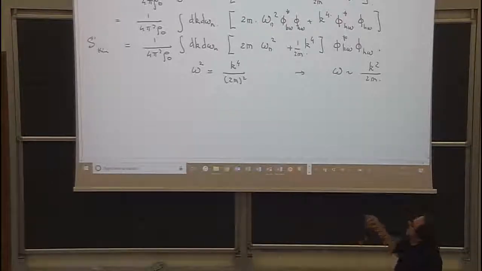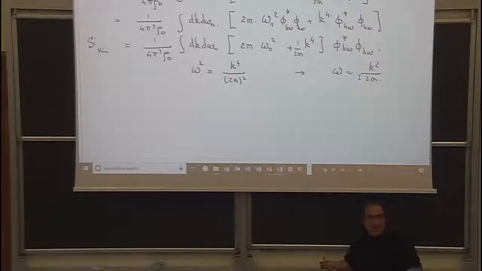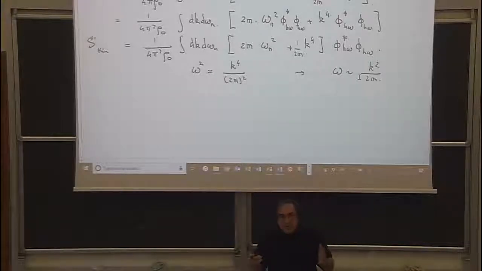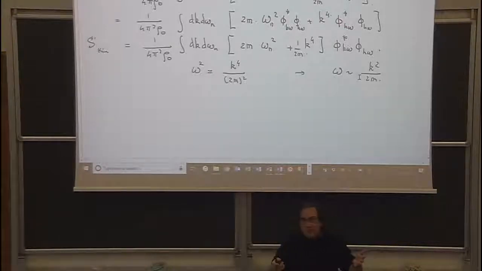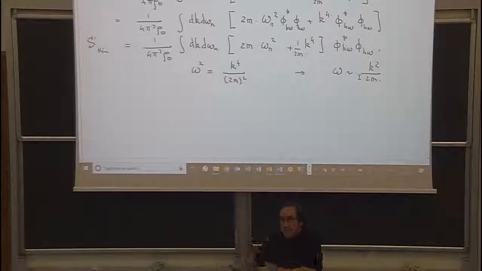So this is one half of mv squared, the velocity squared, and this is the energy of my bosons, which gives me back my kinetic energy. So I'm super happy because at least it sounds reasonable. I started with the Hamiltonian of free bosons whose eigenvalues were energy equal to k square over 2m, and after all this complicated transformation, I go back to exactly the same thing.